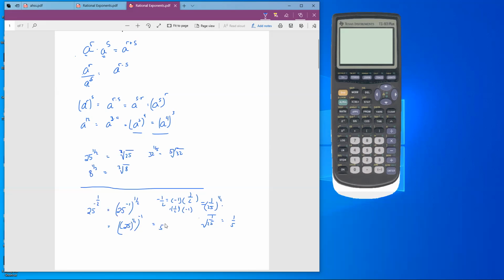So we have 5 to the -1, which is equal to 1/5. So be really careful about what the fraction means and what the negative means. Realize that they are telling you two different things. This is telling you to take the square root. The negative part is saying to make it a reciprocal. So be really careful about how that works.